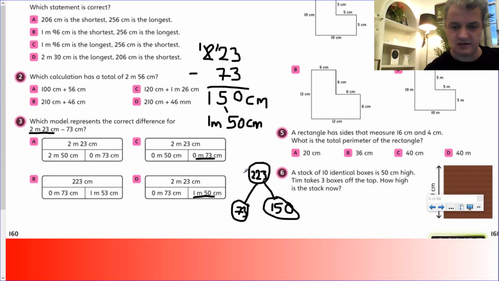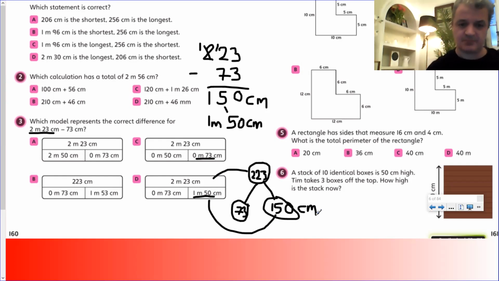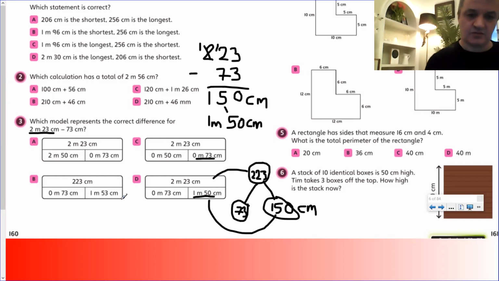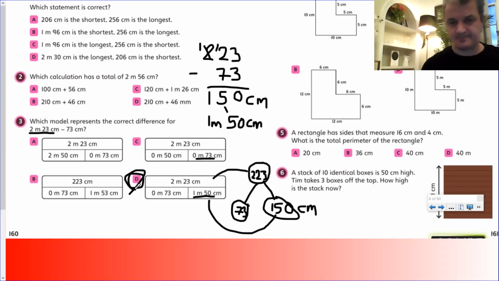And that 223 in centimeters is the same as 2 meters 23. And 1 meter 50 is the same as 150 centimeters. Okay, so I'm pretty pleased with that. The answer would be answer D.